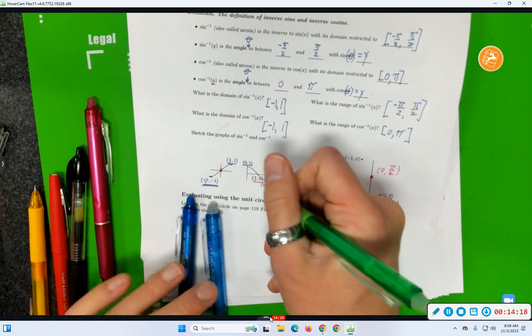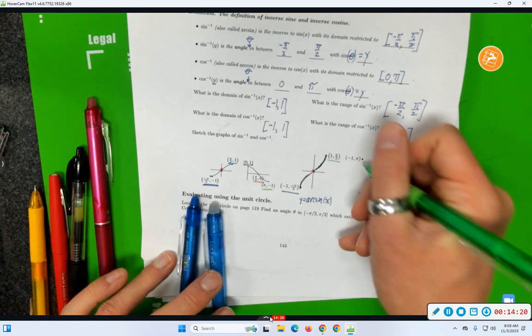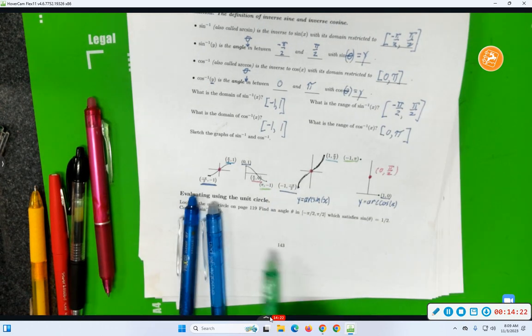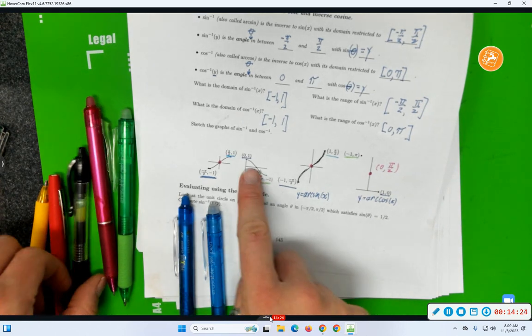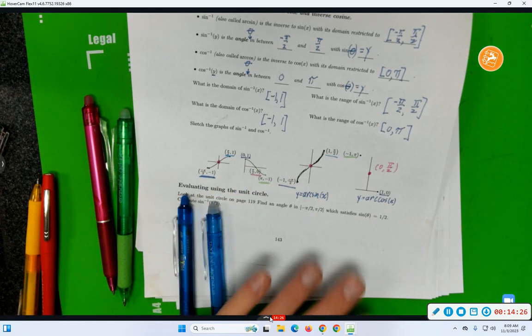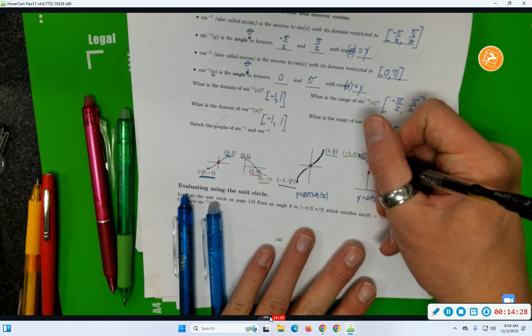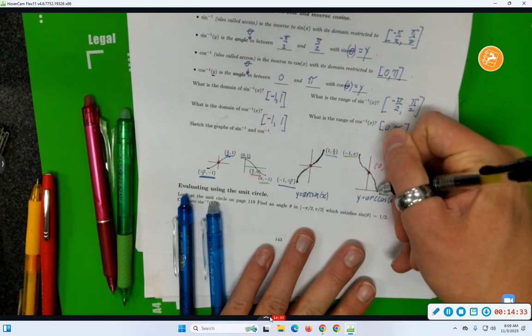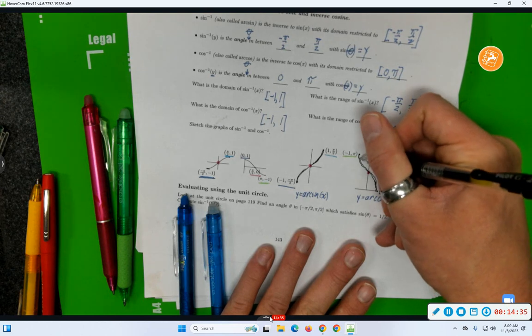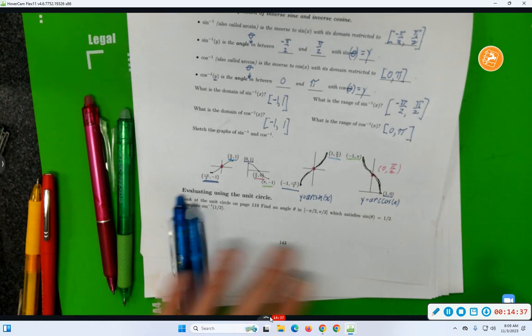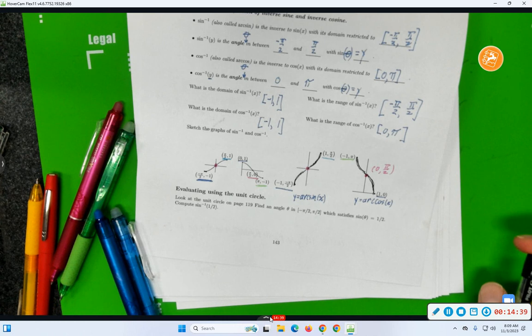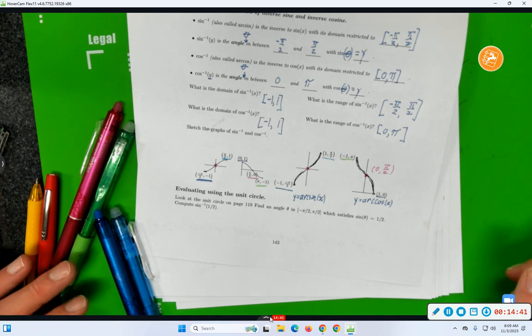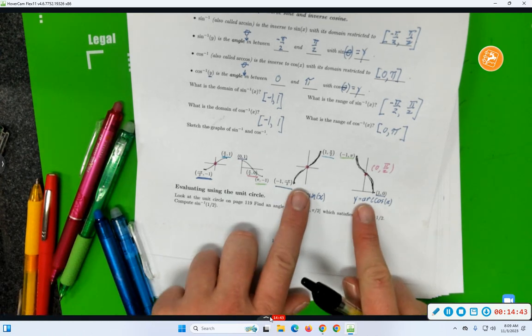Pi, negative 1 becomes negative 1, pi. And now we'll just copy down this graph through those points, but we'll try to get the slopiness of the thing to be correct. Groovy. All right, so there's a graphical approach.